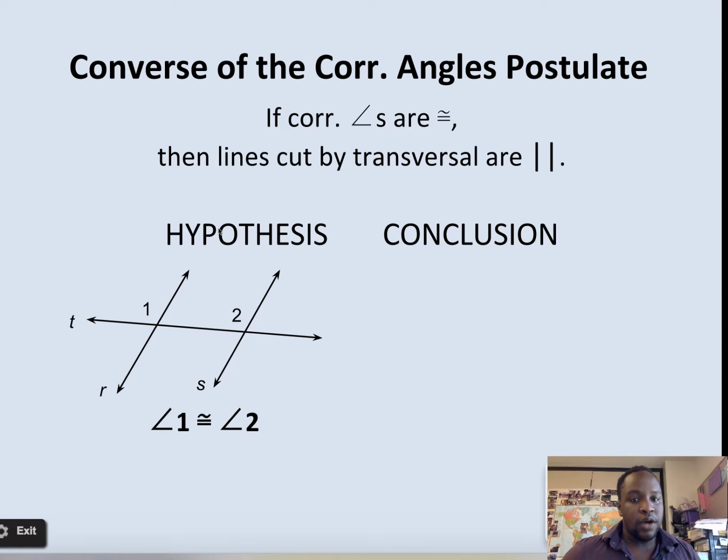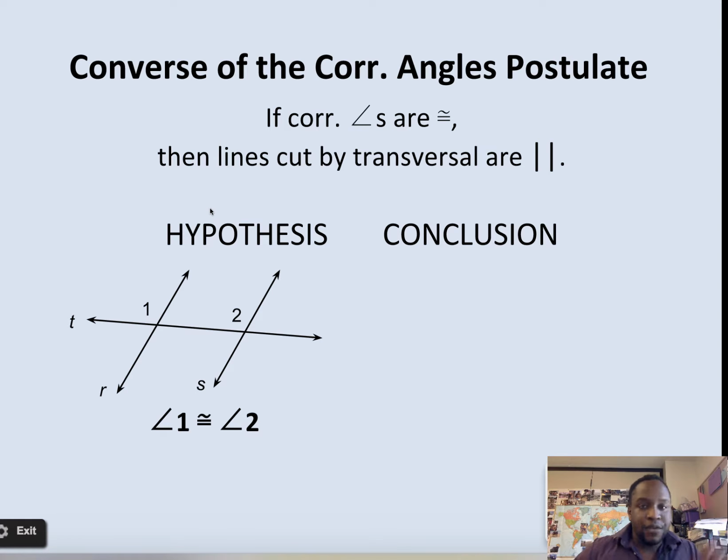So the first converse theorem is the converse of the corresponding angles postulate. Remember, the corresponding angles postulate was that if we have two parallel lines, then the corresponding angles are congruent.